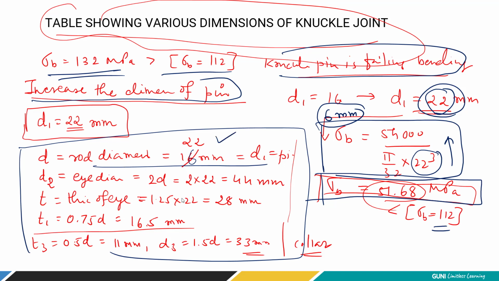You can keep the rod diameter 16. आउटर डायमीटर कितना होगा? चेंज हो जाएगा, because we have increased the pin diameter from 16 to 22. So this is the improved dimension. We cannot take the older dimensions. Okay, यहाँ पे 16 था, 32 आया था, लेकिन हमने क्या किया? Because the pin failed in bending, with respect to bending we have tried to make all the dimensions of the single eye and the double eye safer, right? Because the pin dimension has changed, the respective dimensions are also going to change.